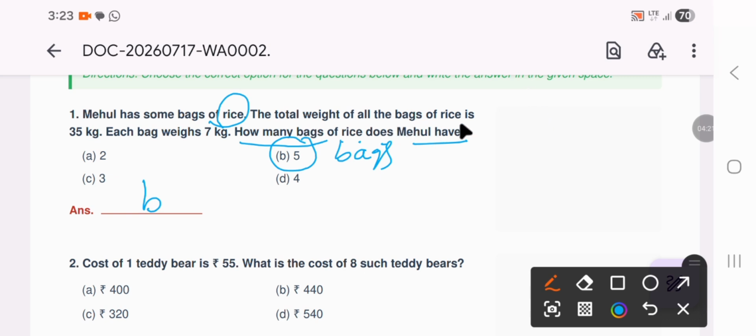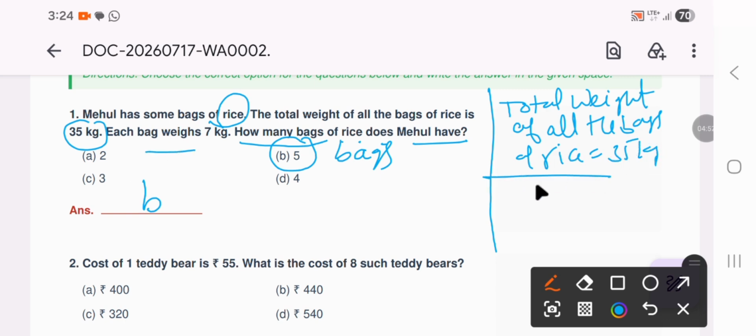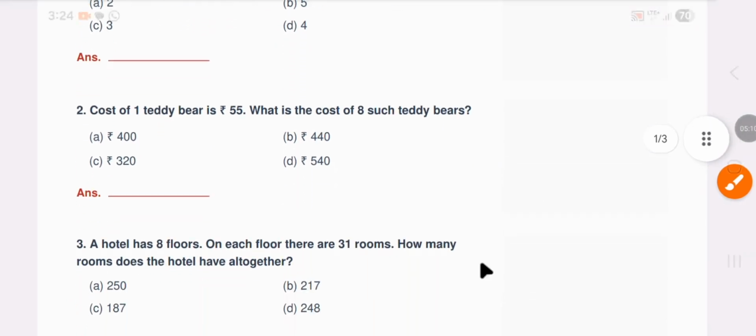The total weight of all the bags of rice is 35 kg, and each bag weighs 7. So simply, 35 divided by 7 is 5. The answer is 5, option B. Okay, so go to the next question.